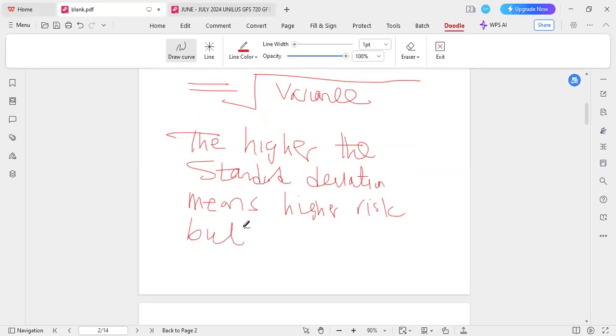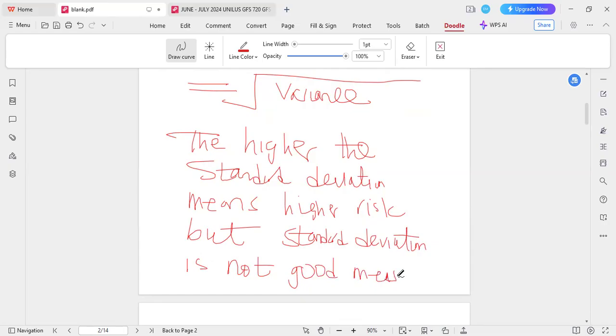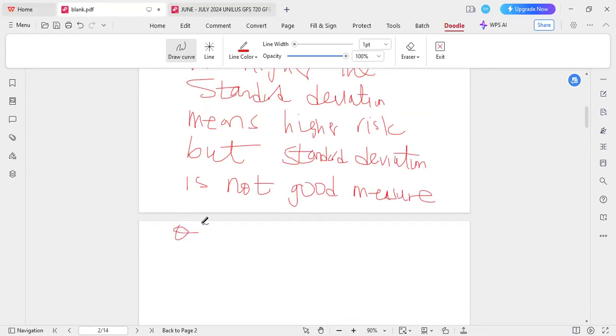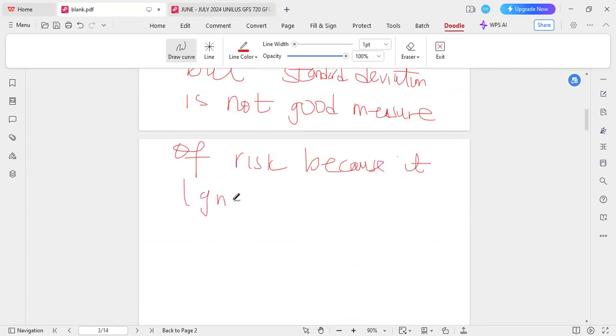But standard deviation is not a good measure of risk, because it ignores the expected return.